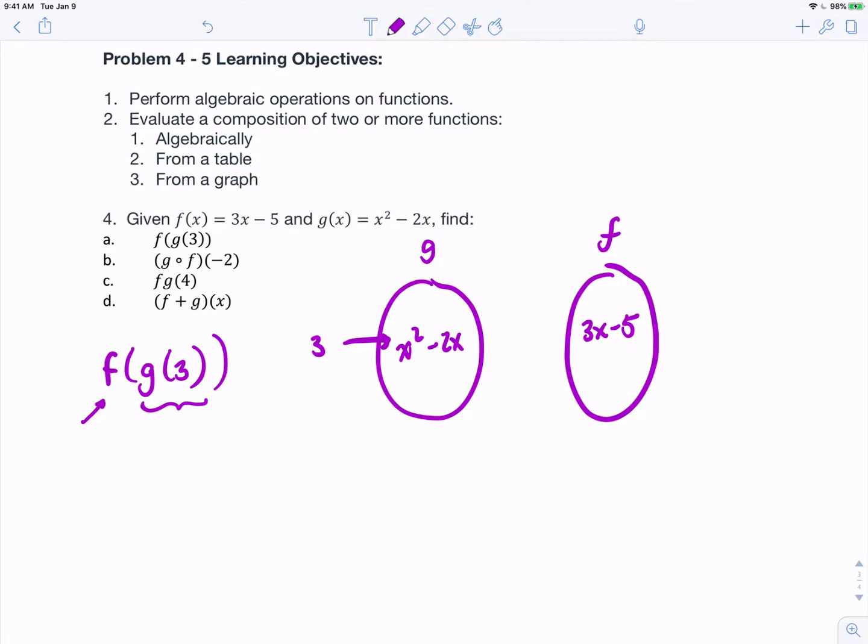And if we do that, that's going to be 3 squared minus 2 times 3, or in other words, 9 minus 6, out comes a 3. And what we're going to do is take that and put it into f. That's going to give us 3 times 3 minus 5, or in other words, 9 minus 5, or 4. And so our final answer would be 4. And so f of g of 3 would be equal to 4.